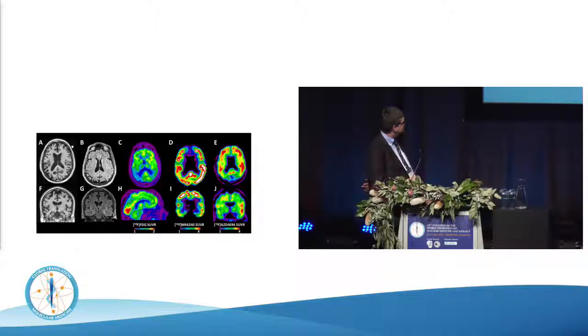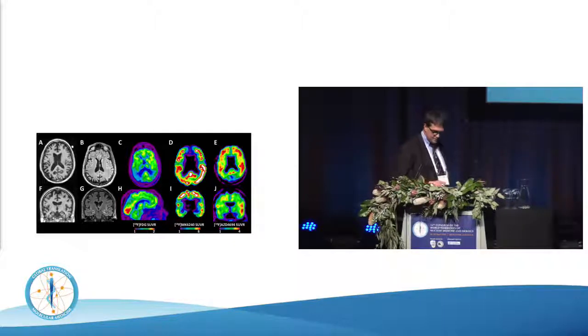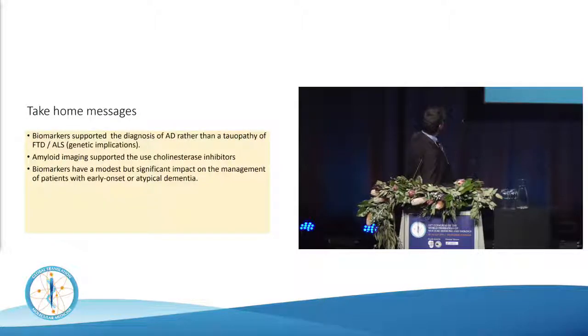And this is the tau imaging of this individual showing significant deposits of tau in areas that are frequently affected in patients with Alzheimer's disease. So the take-home message here is that the biomarkers supported a diagnosis of Alzheimer's disease.